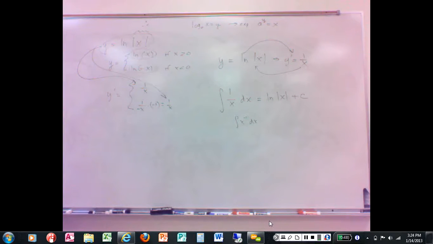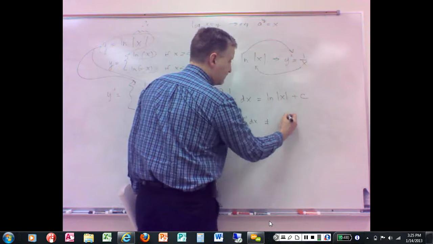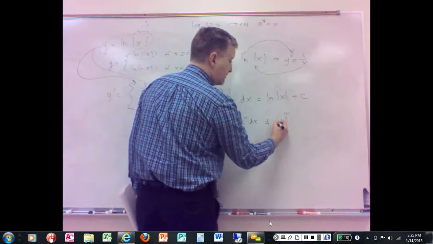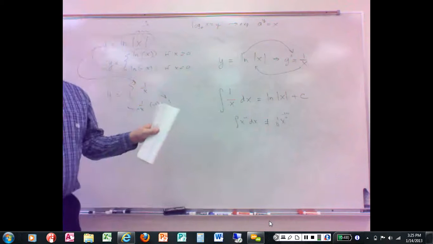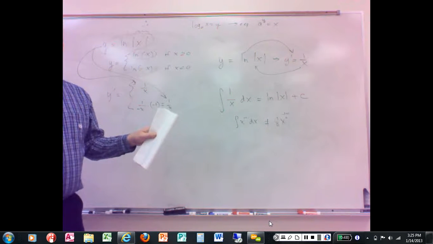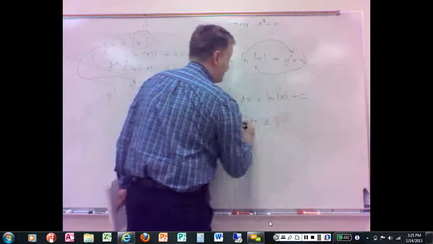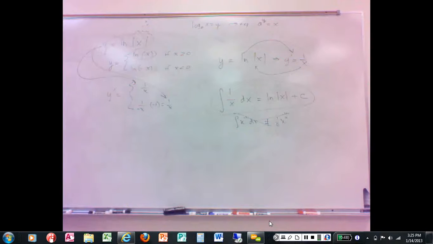We can't use the power rule on that, can we? Because if I use the power rule on that, I get x to the negative 1 plus 1, which is x to the 0, so I'm dividing by 0, right? So that's why I can't use the power rule on x to the negative 1, or 1 over x. It turns out it's a natural logarithm, the natural log of absolute value of x.